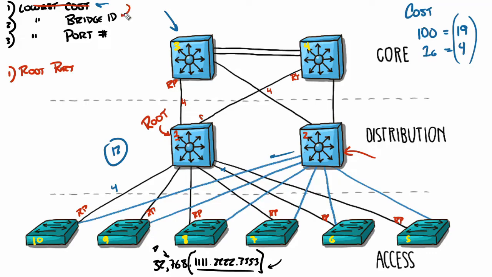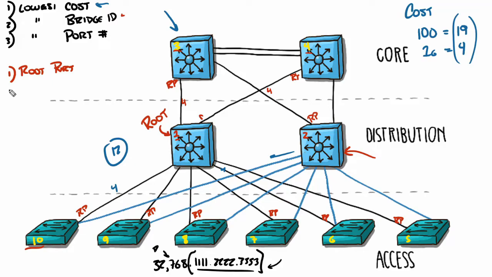I'm going to take the path that has the lowest bridge ID. So it looks at this guy and goes, oh, your bridge ID is 10. Nah, nope, because I've got a friend right here. His name is 3. You're a friend, that's great, but 3 is lower, so that will be my root port, right? So you see how the second thing works, right? So we've got our root ports elected. That's the first part of the process.